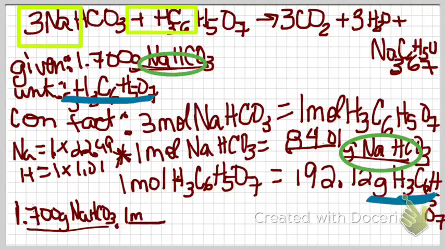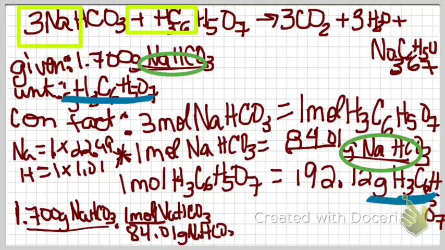For every 1 mole of sodium bicarbonate that I need, I have 84.01 grams. And that's going to cancel, and now I have moles of sodium bicarbonate. I've used this, so I'm going to cross it out.